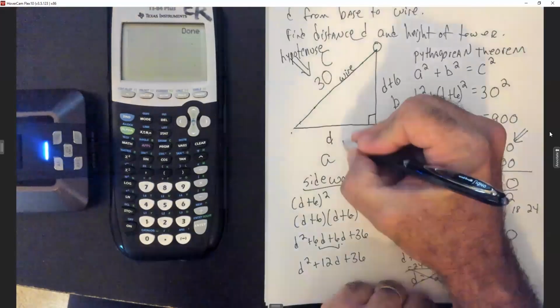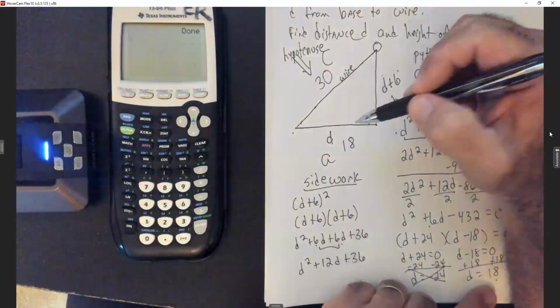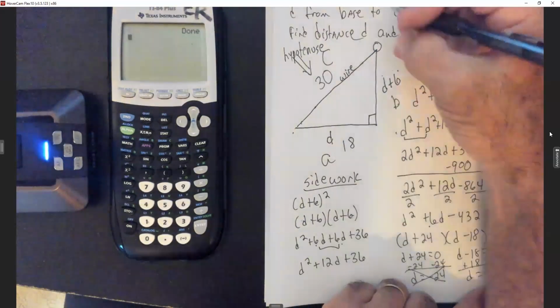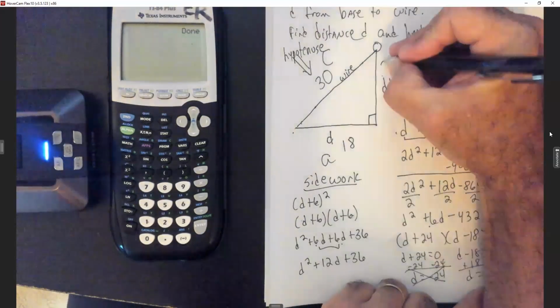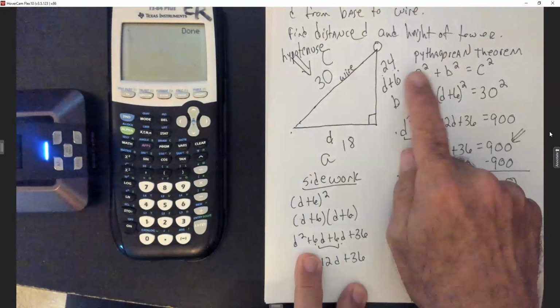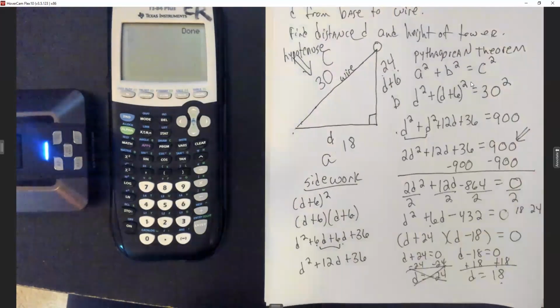So D here would be 18. And then when I found this side, D plus 6 would be 18 plus 6. 18 plus 6, what's that going to give me? 24. So 18 for my D side and then 24 for the tower side. So just remember, you cannot have a negative distance on these, okay?